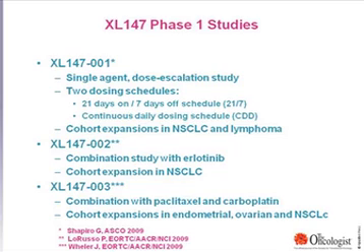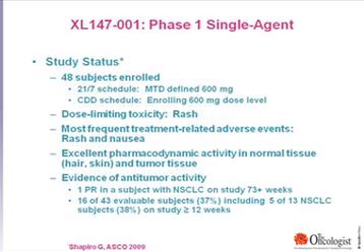There's a study in non-small cell lung cancer being expanded, combining XL147 with erlotinib, and there is also a study, XL147-03, combining it with paclitaxel and with carboplatin, with cohort expansions in endometrial, ovarian, and non-small cell lung cancer. 48 patients were enrolled by the time this was presented this year at ASCO by George Shapiro.